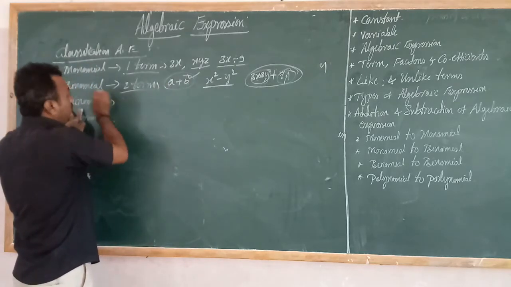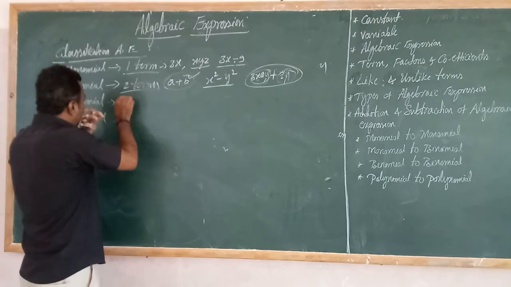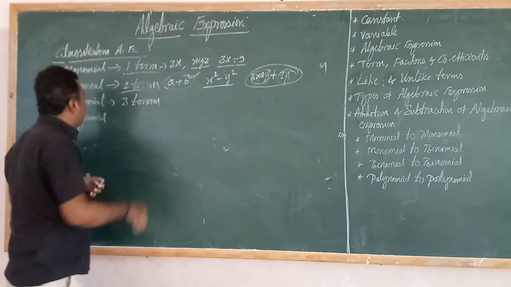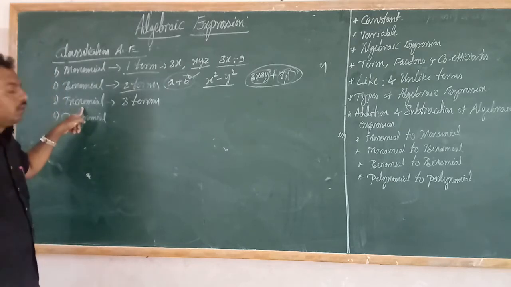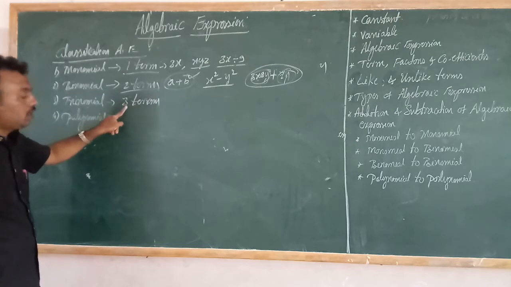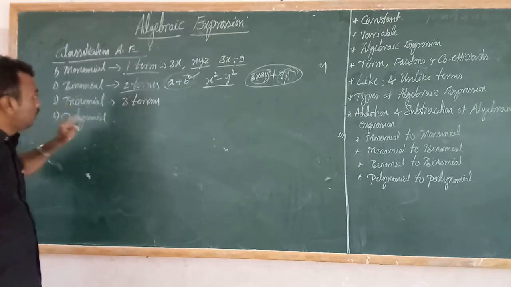Tri means 3, bi means 2. So there are three terms in the given expression. An algebraic expression having three terms is called a trinomial.